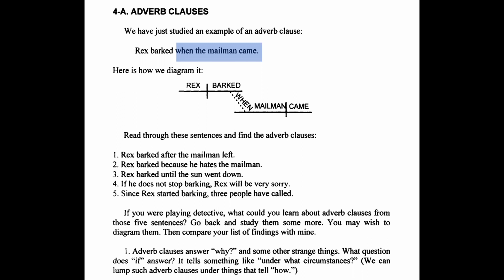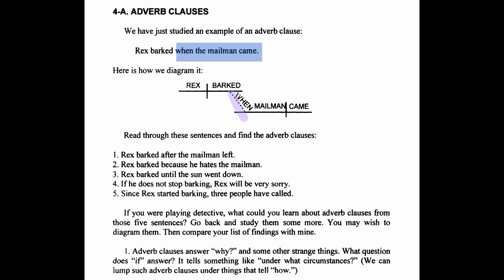And so we're going to do the same thing here with when. We join the independent clause Rex barked with when, and notice that we're joining it to the verb because it's an adverb, right? The whole clause is an adverb, and so the whole clause is modifying barked.